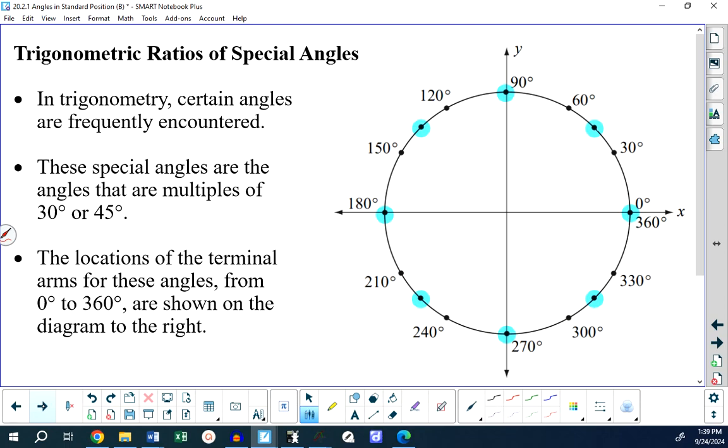It's also the case that 90 is also a multiple of 30, but that doesn't matter. These are multiples of 45, so this is 45. What's the next blue dot? 90. What's the next one? Add 45. 135. What's 135 plus 45? 180. And then you add and you add and you just go around the circle.